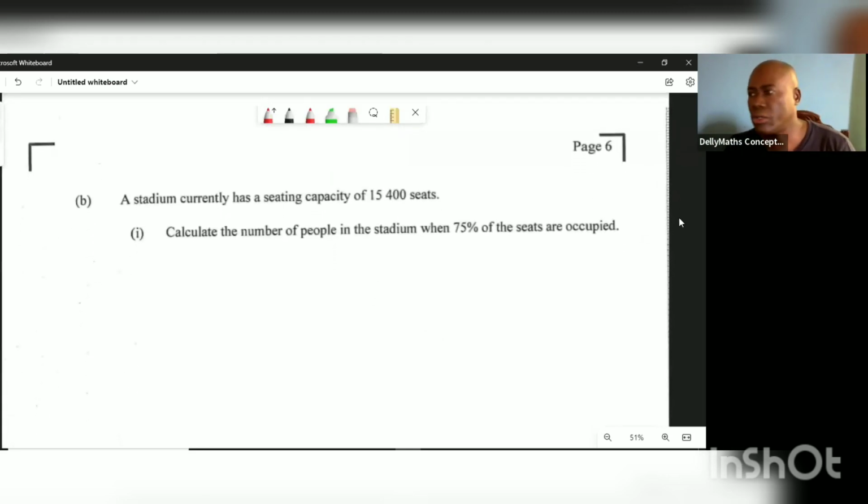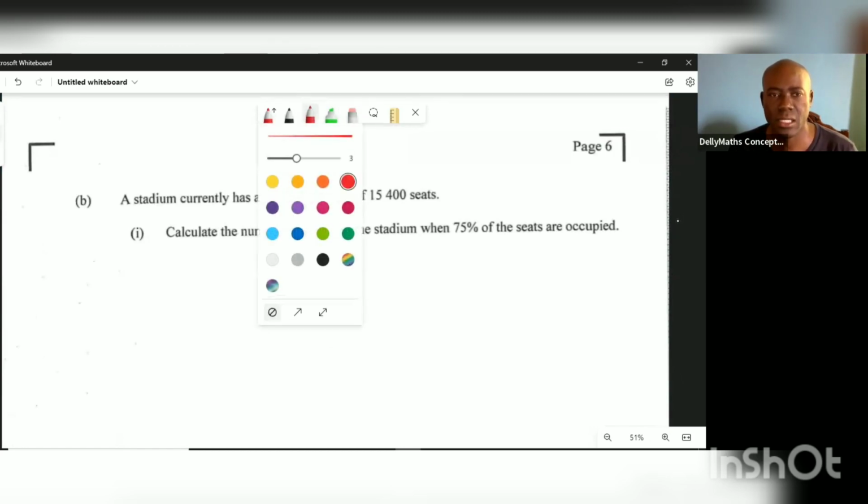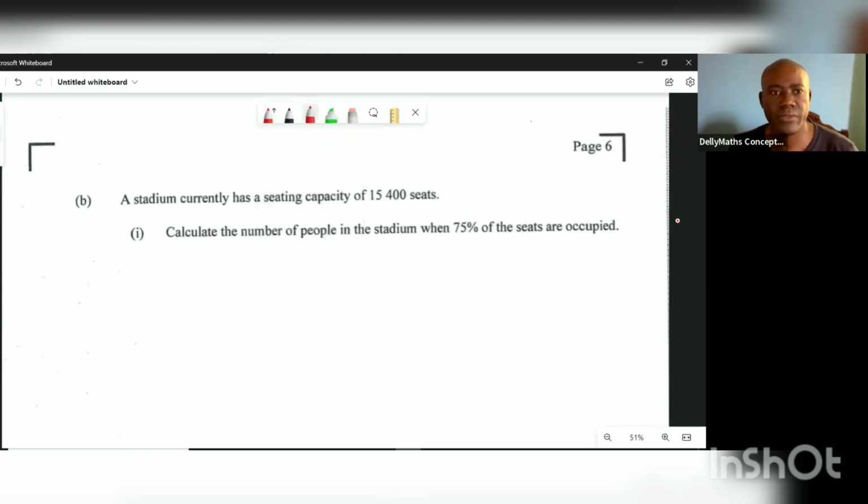All right, so this question says, a stadium currently has a seating capacity of 15,400 seats. Calculate the number of people in the stadium when 75% of the seats are occupied.